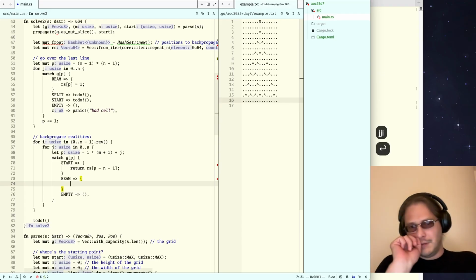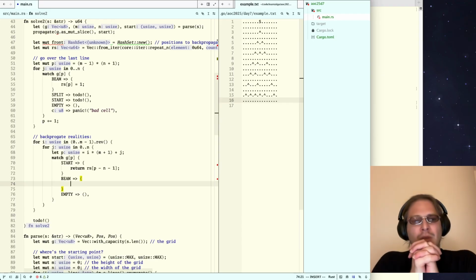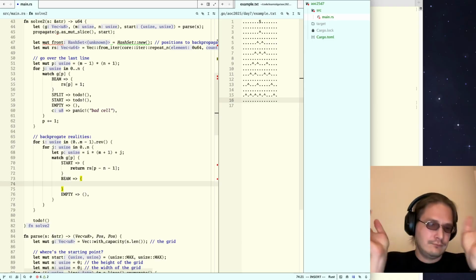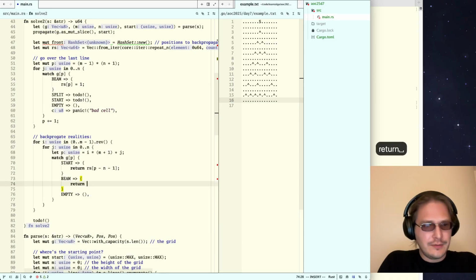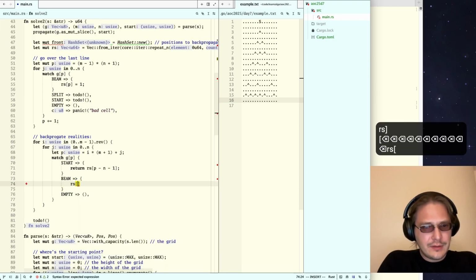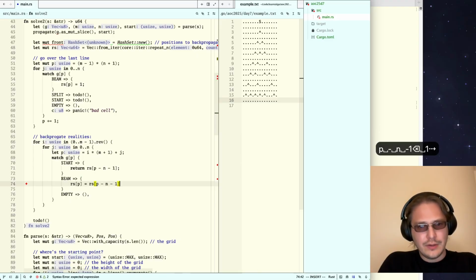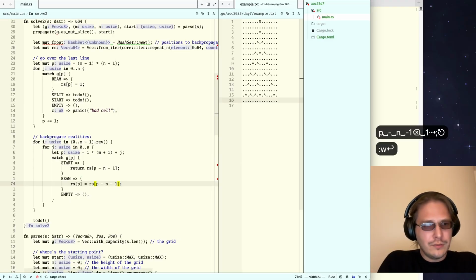If we see a beam, oh come on, just propagate the same thing. So basically rs p becomes, it propagates from -1. What was front again?